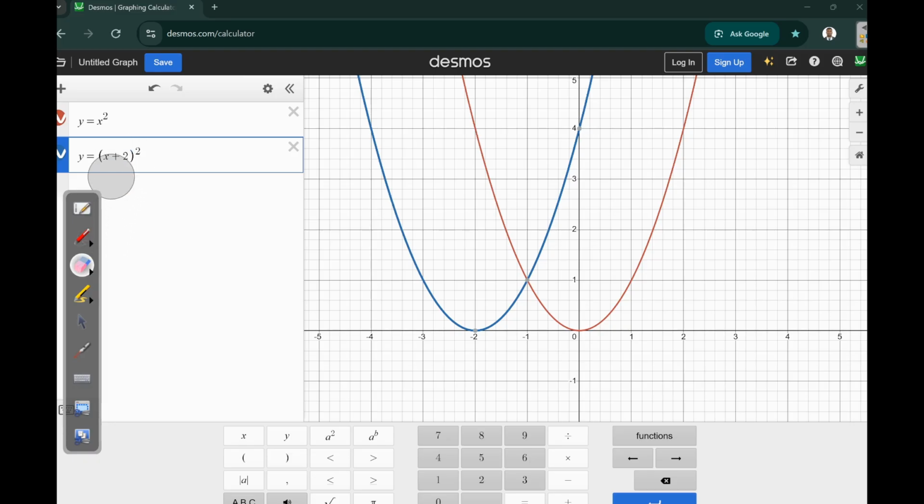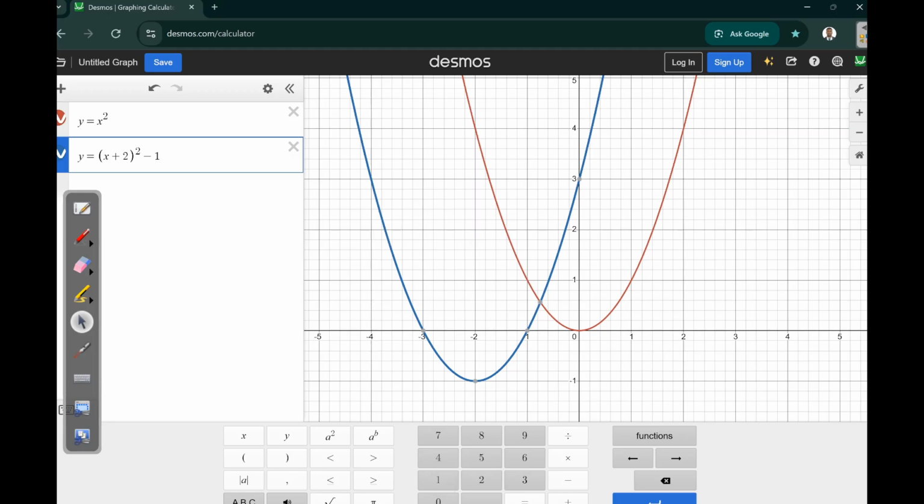So when I'm popping this number out from here, it changes the sign, and it becomes minus. If we put a -1 here, it is moving down. So we are having -2 and then -1.